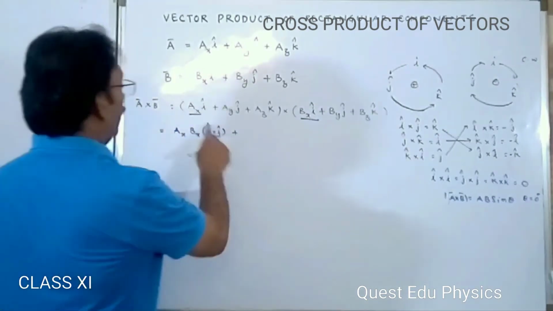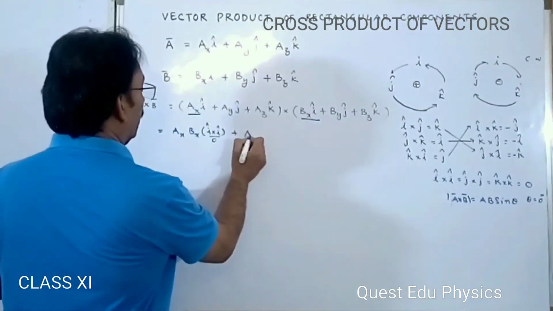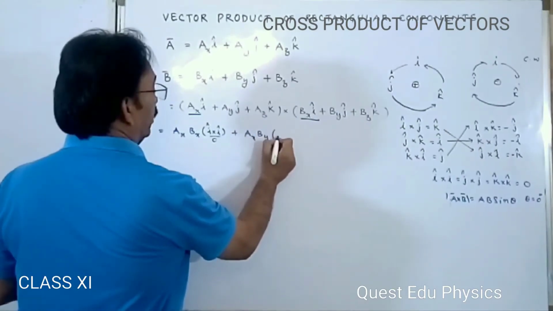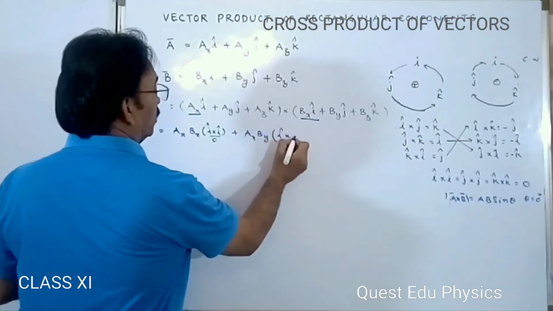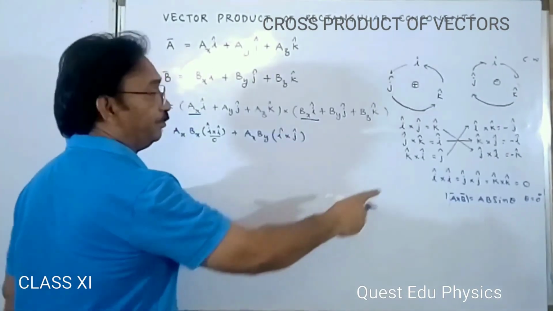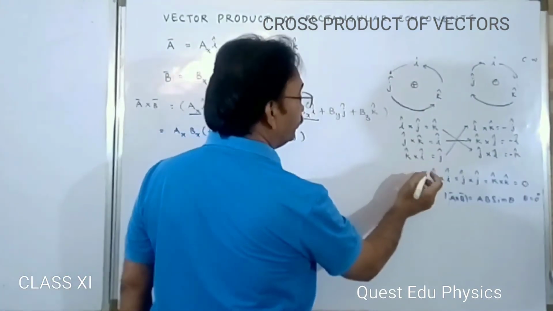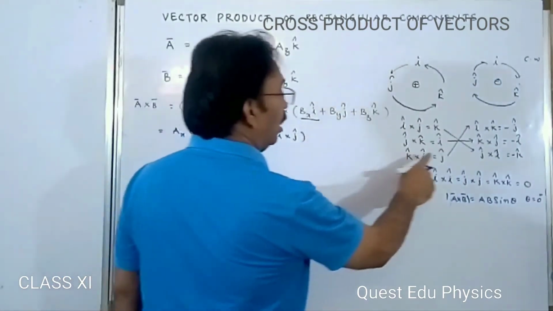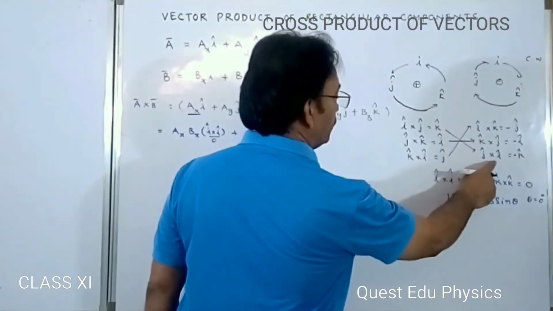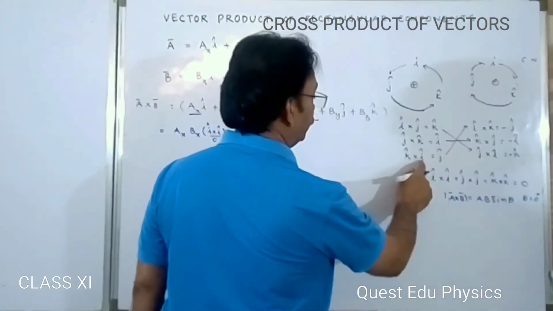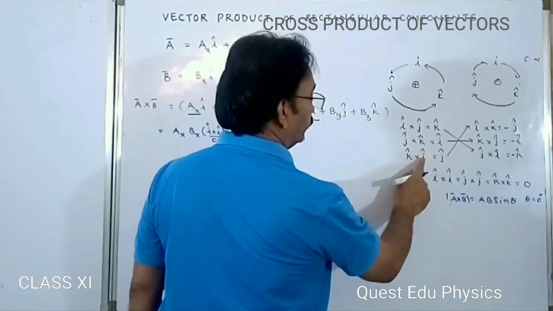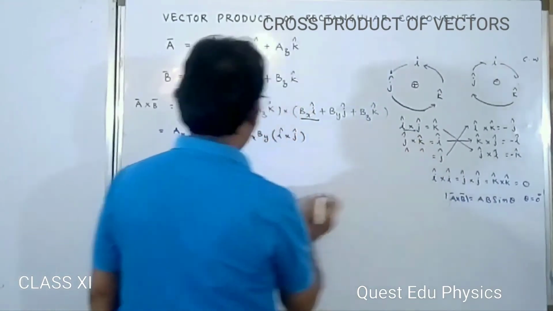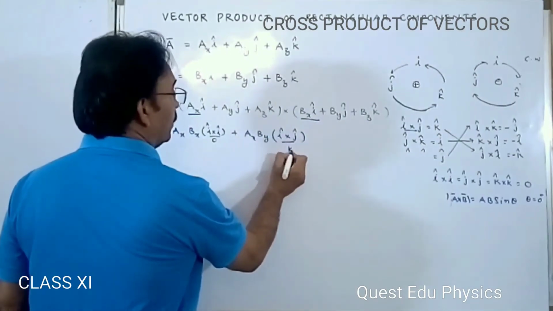And then after we have to go with ax by, into i cap cross j cap. See, i cap cross j cap is equal to k cap.